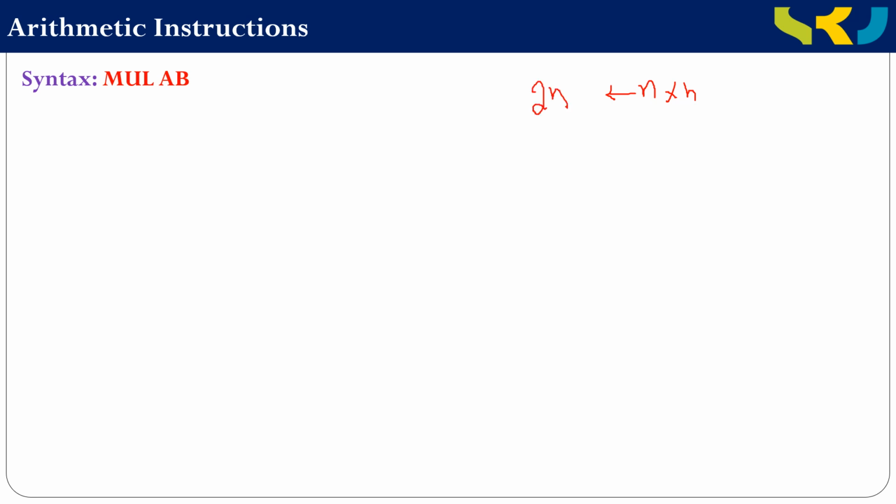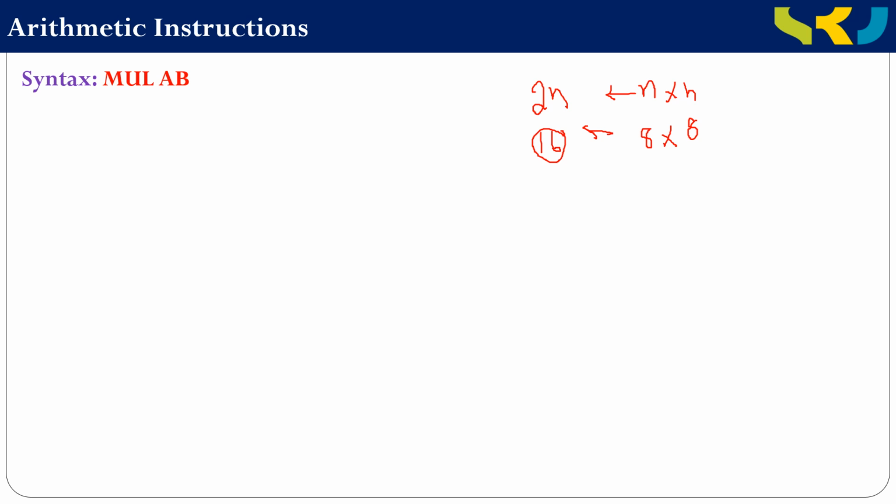That means when you are performing multiplication of two 8-bit numbers, our product size is 2 into 8, that means 16 bits.